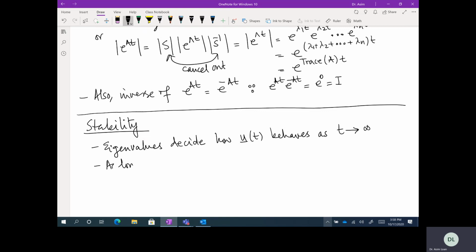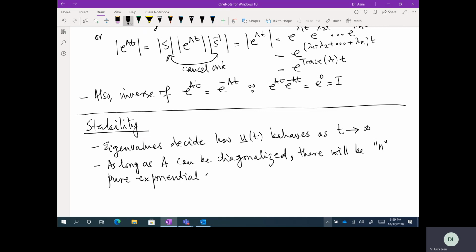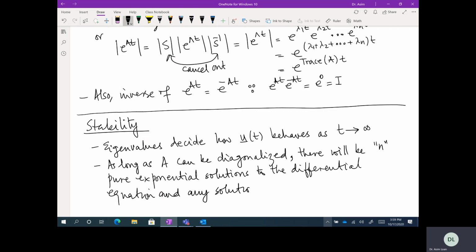So as long as A can be diagonalized, there will be n pure exponential solutions to the differential equations, and any solution u(t) is some combination.